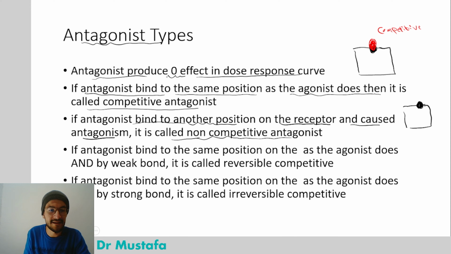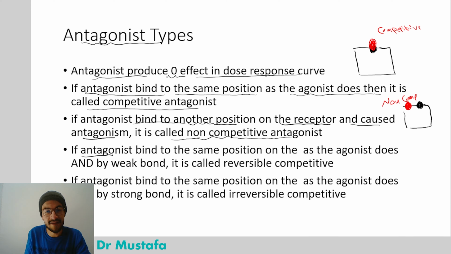Now if the antagonist binds in another position, which is here, then this is called a non-competitive antagonist, because it is not going to compete with the agonist. Here the antagonist is competing with the agonist, so it's called competitive, while here it is not competing, so it is a non-competitive antagonist.